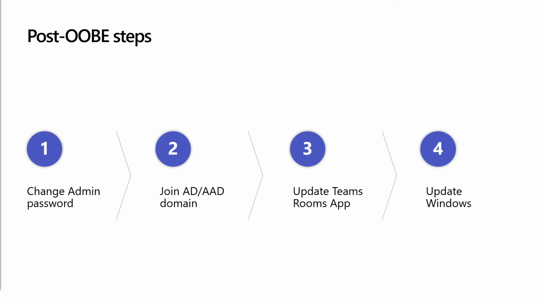Finally, and this is important, update Windows after you have updated the Teams Rooms app. If you update Windows before you update Teams Rooms, you may end up in a scenario where your Teams Rooms is running a version of Windows which is unsupported by Teams Rooms. In order to avoid this, always update the Teams Rooms app before you update Windows.